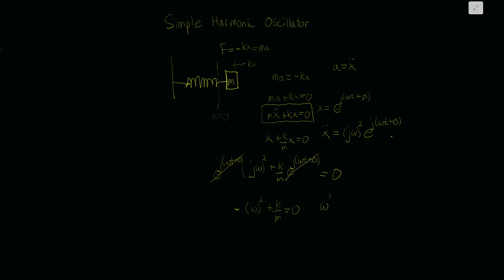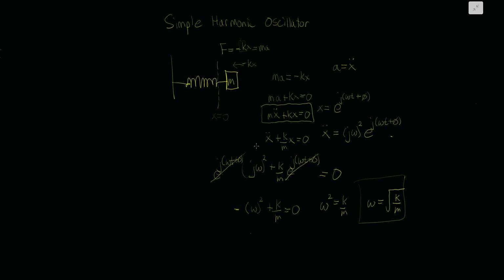So omega squared equals k over m, and that means that the frequency of the system is the square root of k over m. So the only two things that determine how fast this thing oscillates about this equilibrium point are k and the mass.